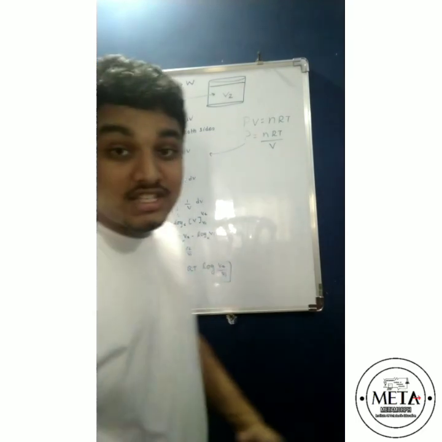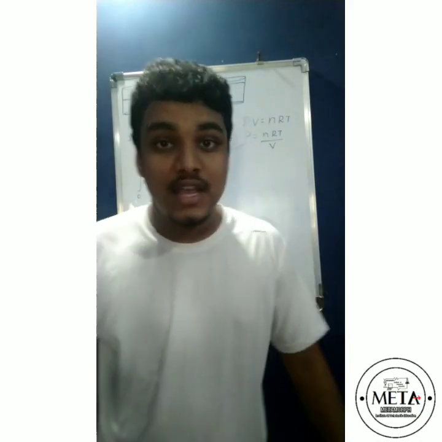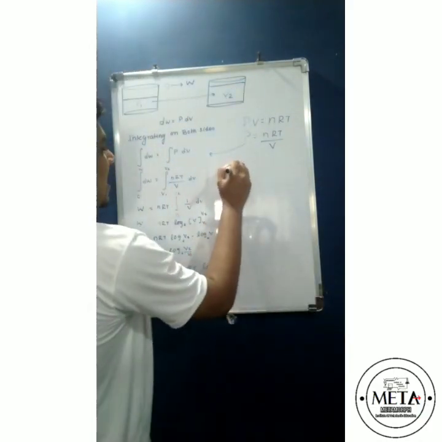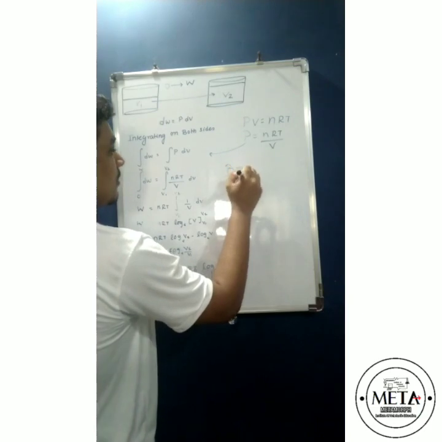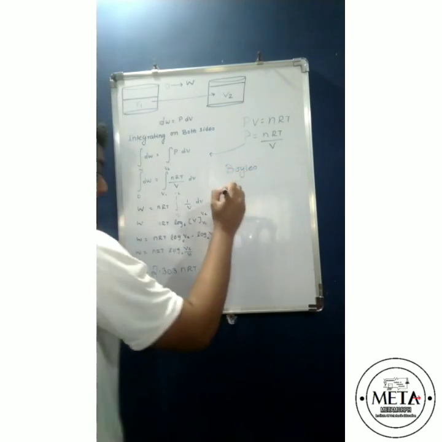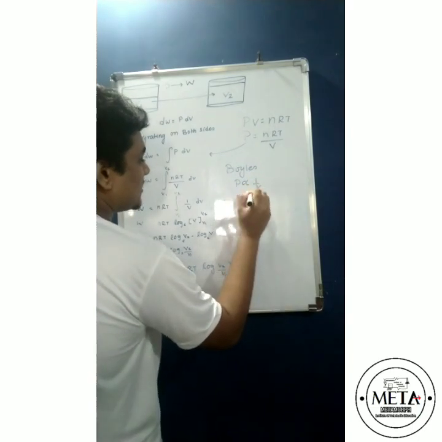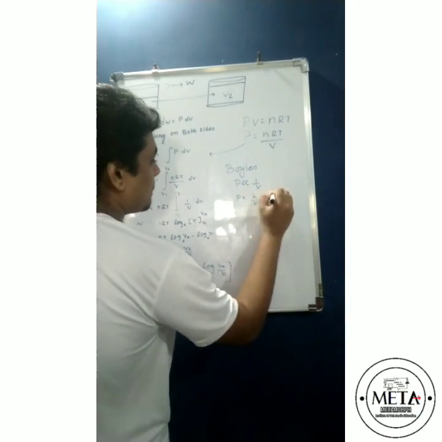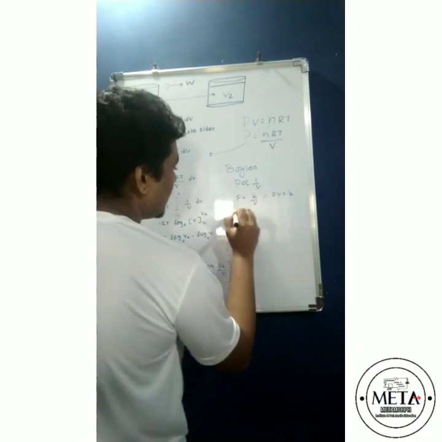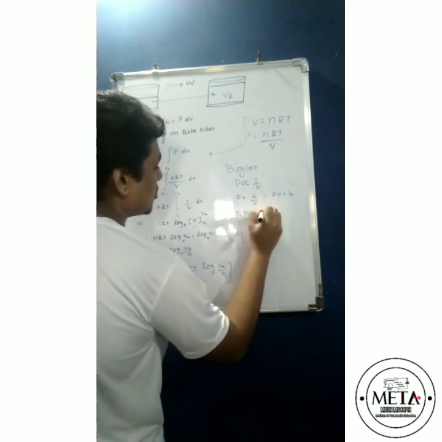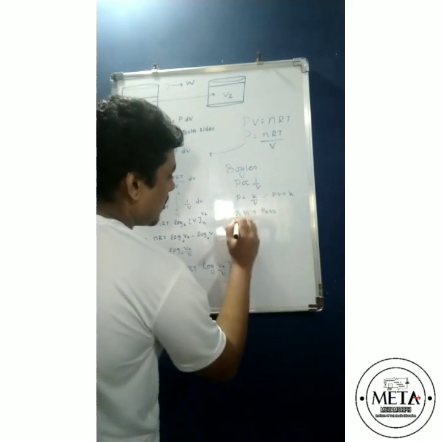Similarly, what if the pressure changes? We need to find out what if the pressure changes. By Boyle's law, Boyle said that pressure is inversely proportional to volume. Pressure is equal to K by V. Therefore, PV is equal to constant. P1 V1 is equal to P2 V2.